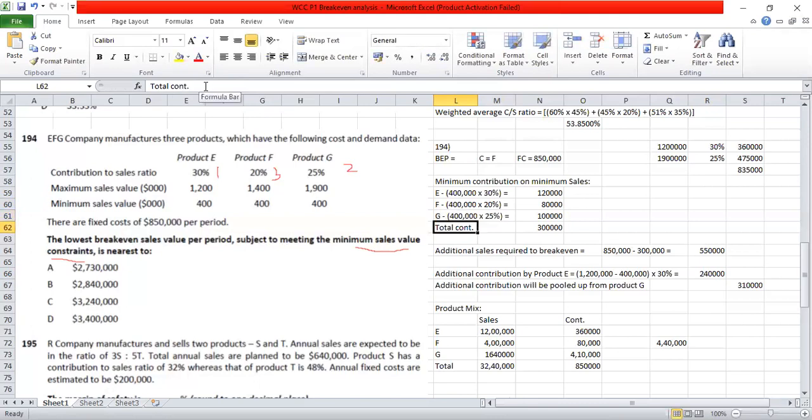If this is how contribution is calculated, the total contribution is coming up to 300,000. But what is the criteria? Contribution should be equal to 850,000.